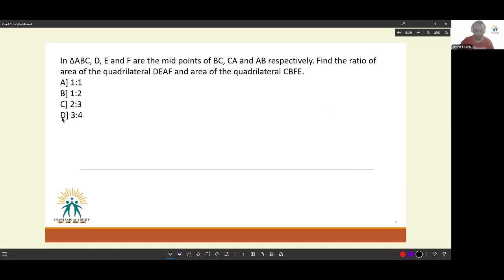Okay. Next one then. Triangle ABC, D, E, F are midpoints of BC, CA, and AB respectively. Find the ratio of the area of quadrilateral DEAF and the area of quadrilateral CBFE. Okay, let's work. First, this is a triangle ABC. D, E, F are midpoints. This is D. E, midpoint of CA.